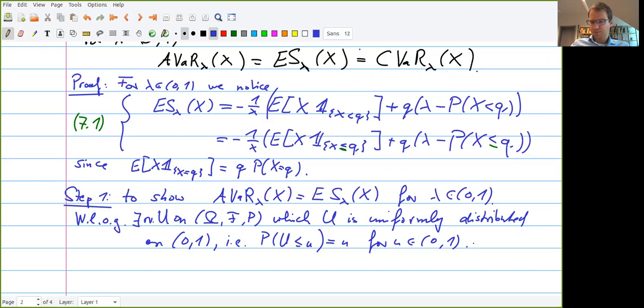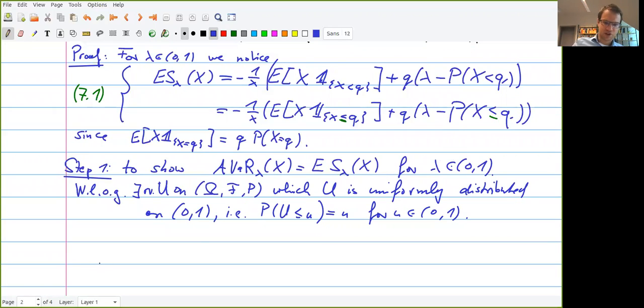And why do I write without loss of generality? We might need to extend the probability space so that this object really exists, but you're all very familiar with probability theory, so that's not an issue here.